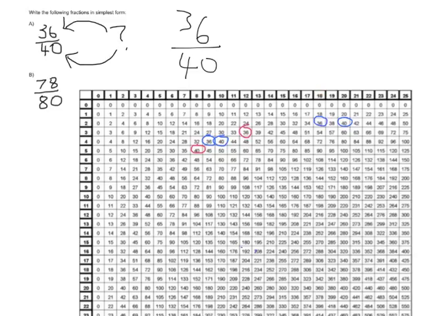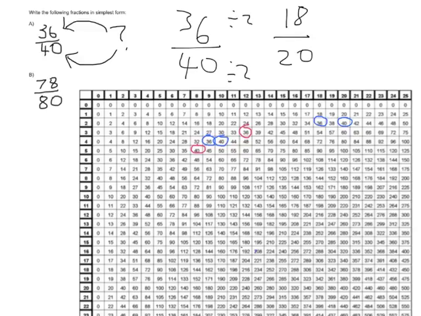So we can write here 36 divided by 2 equals 18. Alright, so let's try now 40 divided by 2. 40 divided by 2 equals 20. So 20 is a whole number, so that means that it works. So we can write down here 20.